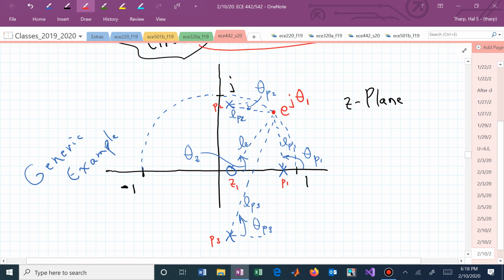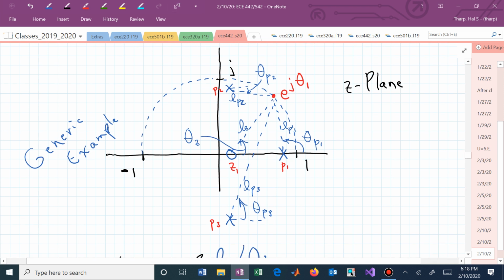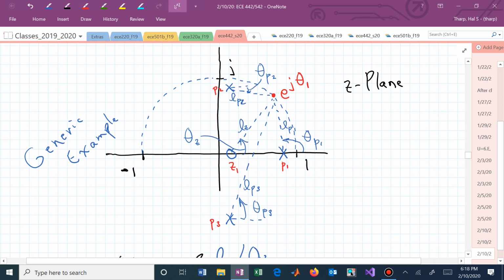We now go to the appropriate theta 1. If you're shaking this system at omega, how do you get theta 1 from that omega? Remember, theta 1 was actually omega 1 times t.